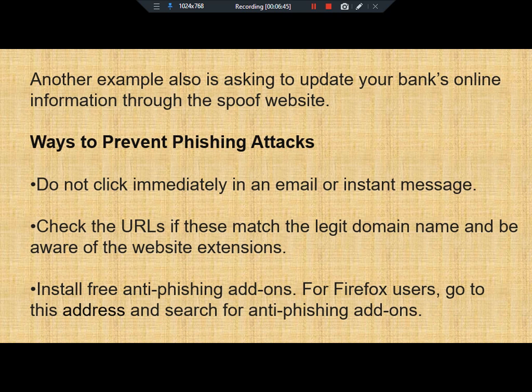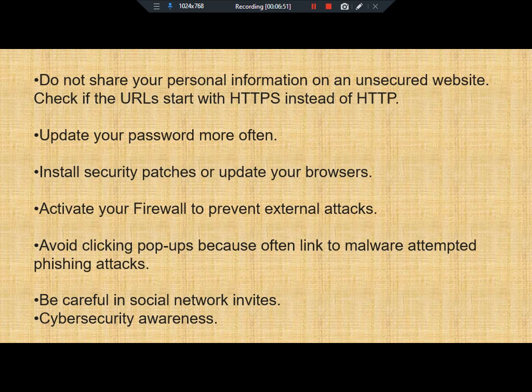For Firefox users, go to their add-ons page and search for anti-phishing add-ons. Next, do not share your personal information on an unsecured website. Check if the URL starts with HTTPS instead of HTTP. HTTPS, Hypertext Transfer Protocol Secure, is much safer than Hypertext Transfer Protocol.